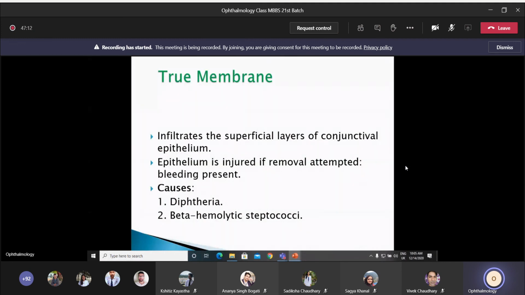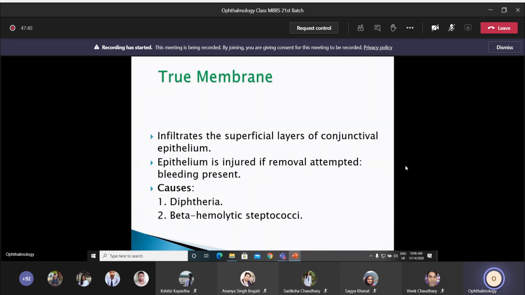Most of the membranes that we see in our OPD are usually pseudomembranes, mainly because of gonococcal infection. The main causes of true membrane are diphtheria and beta hemolytic streptococci.